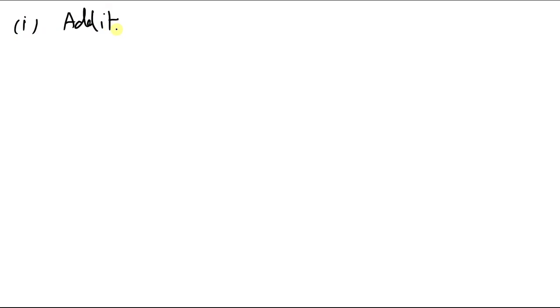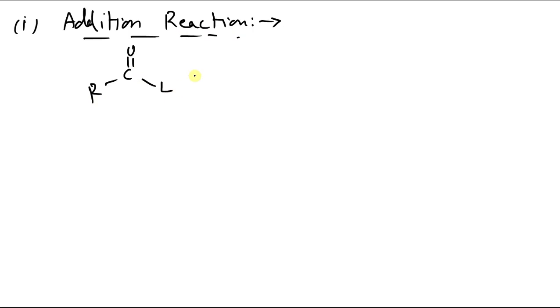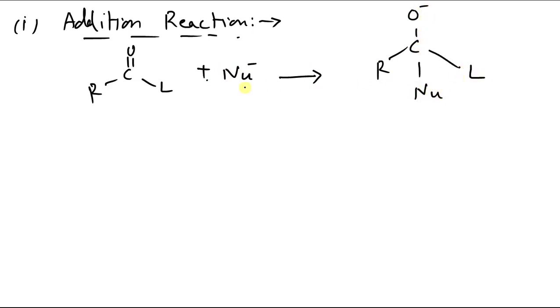Now as I have mentioned, this reaction is similar to the one in aldehydes and ketones, C double bond O, L plus nucleophile, giving R C O negative, nucleophile, L. The attack of this nucleophile depends upon the electrophilicity of this carbon.